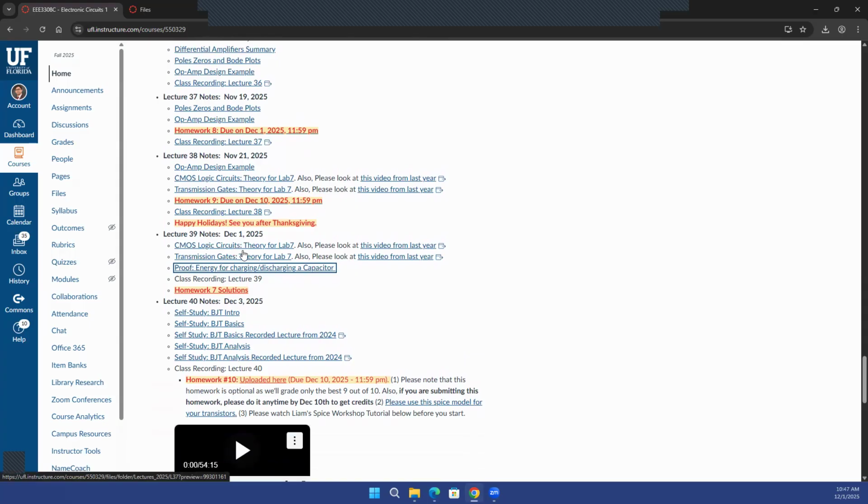So something we haven't discussed a lot is CMOS logic circuits, which we are going to discuss today. And remember that these will be digital circuits. So they will be different from the analog circuitry that we have learned before. I'm going to focus more on the differences for today's lecture. Of course, the detailed lecture video from last year is also uploaded here.